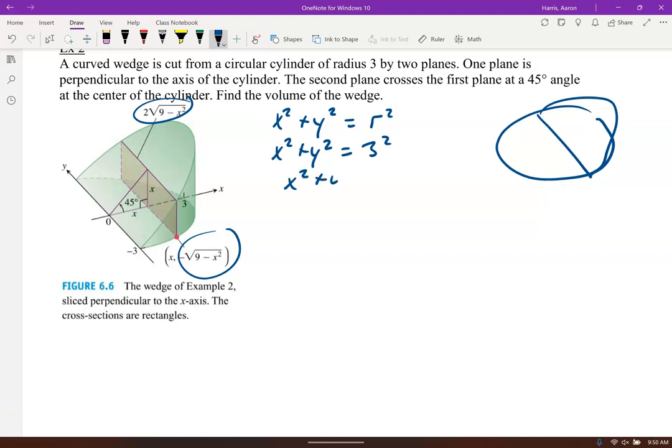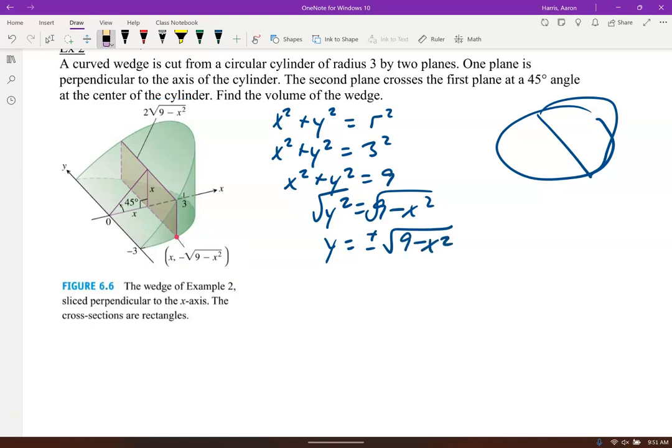So we get x squared plus y squared equals 9. In other words, y squared equals 9 minus x squared. If I was solving for y, I got plus or minus the square root of 9 minus x squared. So on the top, like this part right here, that's the square root of 9 minus x squared. And then you've got the bottom here, that's the negative.